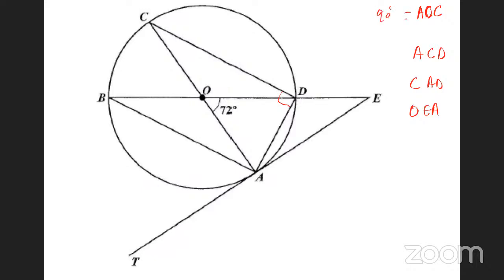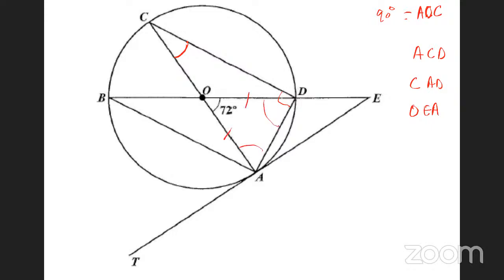So you have to write your rule. ACD now, right? ACD, the angle here. How are we getting that? Probably we have to use that 72, right? What type of triangle is AOD? Isosceles. So can we figure out here and here?